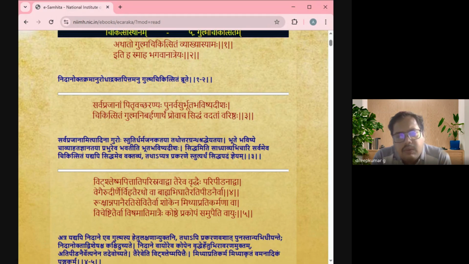All these can be included under gulma pathology. So gulma is a vast spectrum of diseases in the GIT.